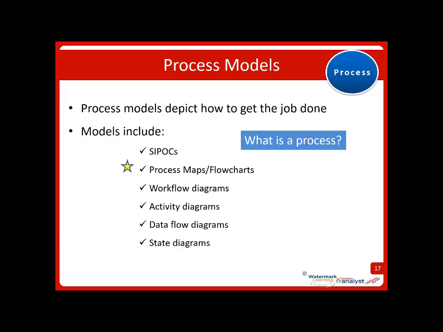A series of steps that transform inputs into outputs and hopefully produces something of value at the end. Our outputs go to someone else. They become inputs for that someone else. They do the work, becomes output and go to someone else. So a series of steps transform inputs into outputs, outputs going to someone else. Hopefully they're valuable.